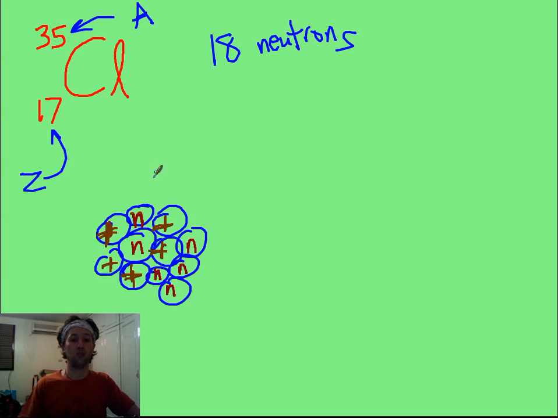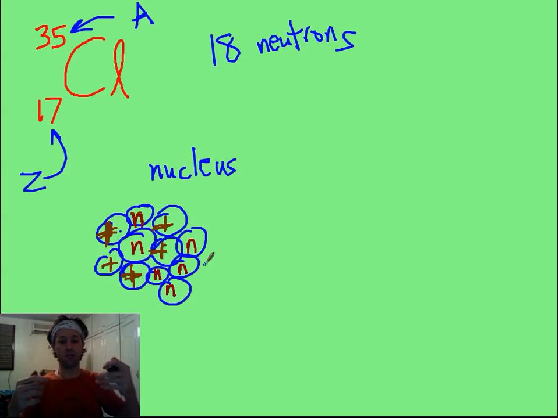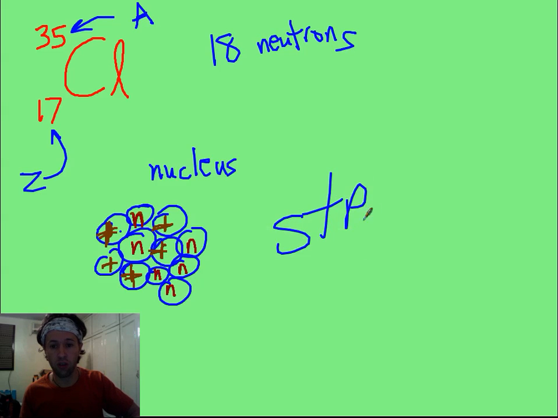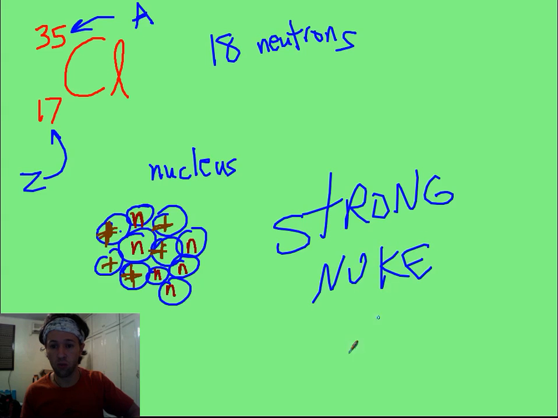Now the next thing is you want to understand, if you've got this nucleus here, all of these protons are positive, and if you ask how they feel about each other, well, they hate each other because they're all positive. So they're all going to be trying to blow themselves out of the nucleus. But the thing that holds them all together is the strong nuclear force.